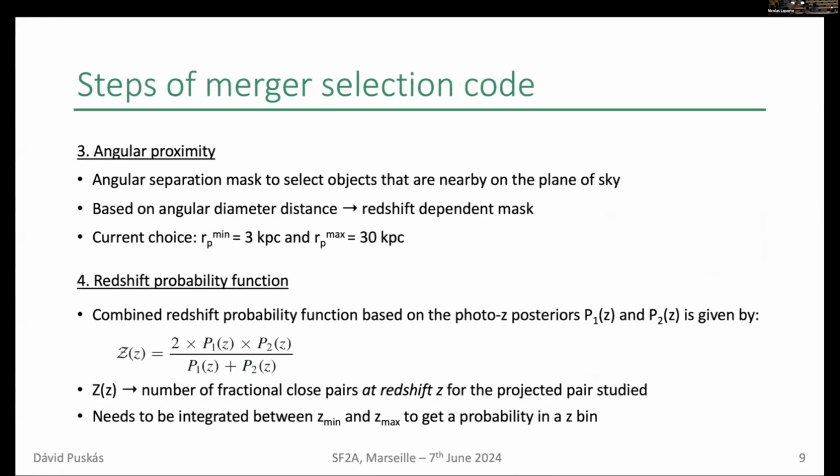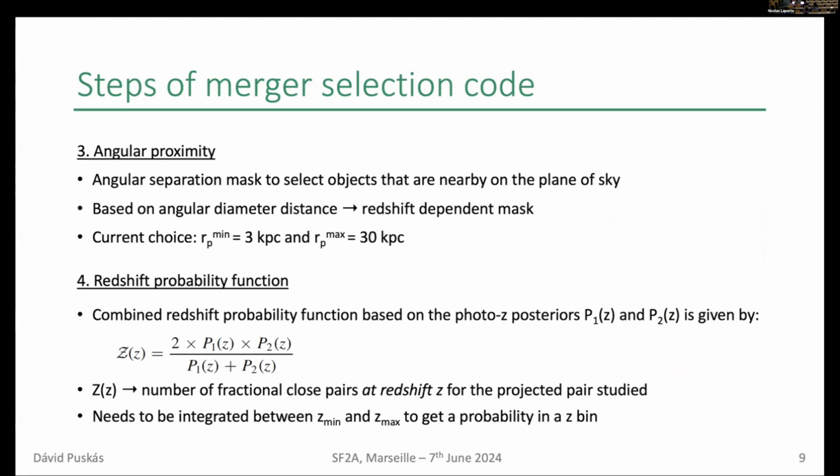Next, we are creating a mask to look at galaxies which are only within the right angular separation. For this, we use the angular diameter distance, which is redshift dependent. After that, we convolve the 2 photometric redshift distributions and get something called the redshift probability function.